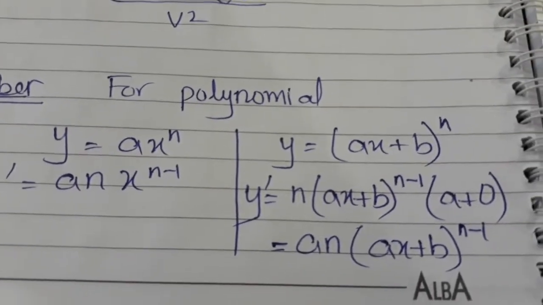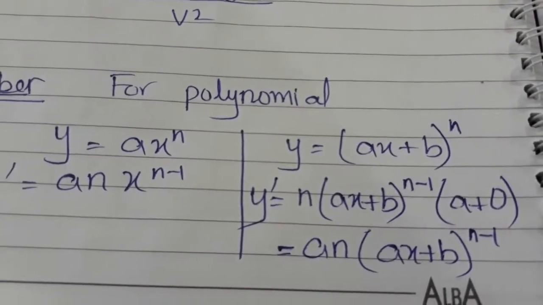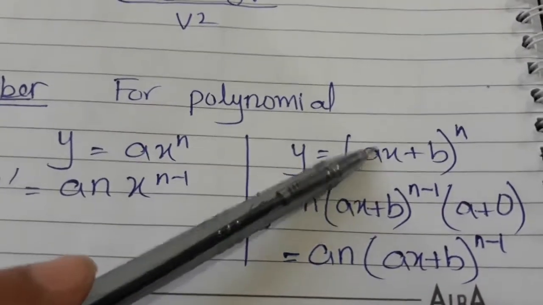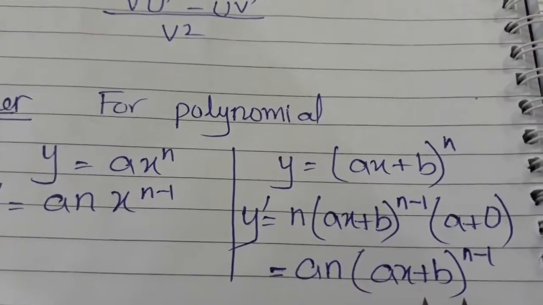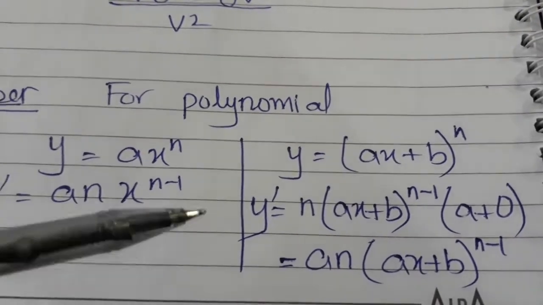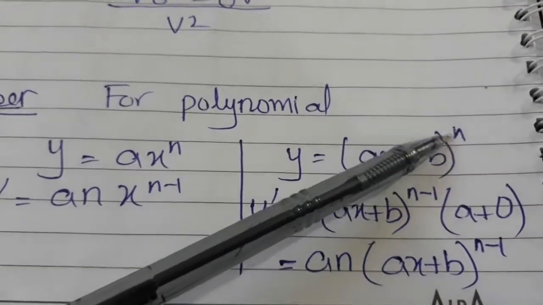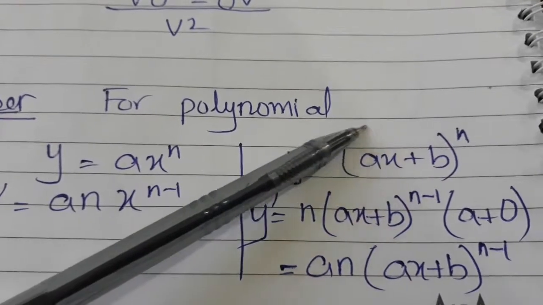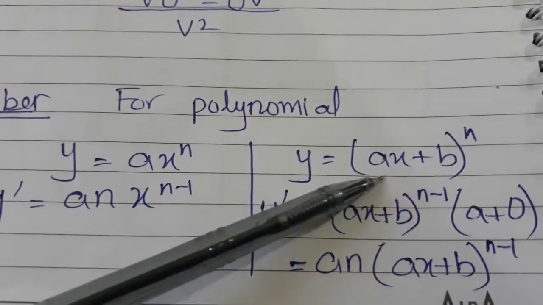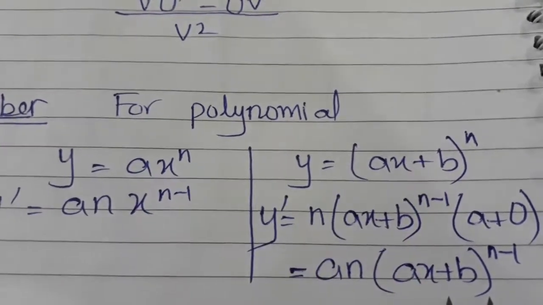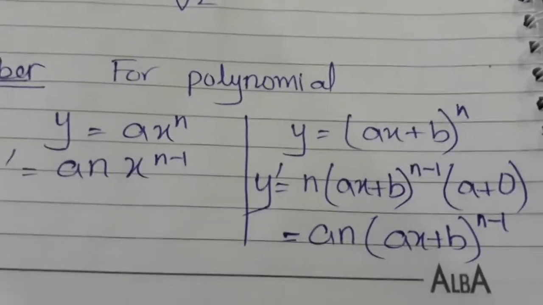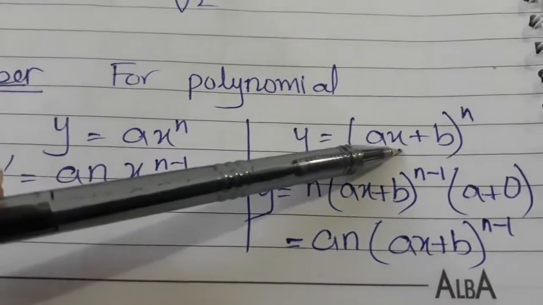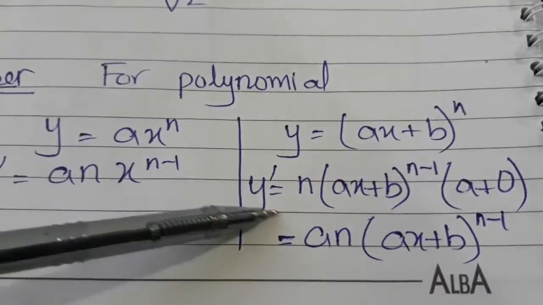In this one you can see I have taken a composite function. In a composite function, on the linear function you have an overall power. If you want to differentiate a composite function, you must remember that it could be quadratic, anything can come here, it's not linear all the time. I have taken an example of linear right now. So you multiply the function in the bracket by the power.